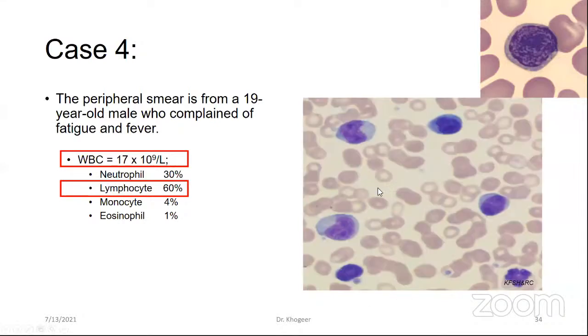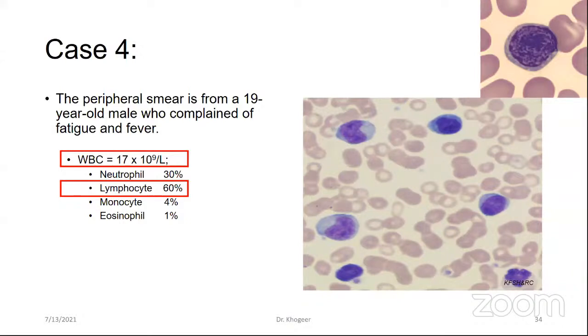This is another picture of the reactive lymphocyte. Reactive lymphocytes usually have abundant cytoplasm, which is intensely basophilic, and sometimes show cytoplasmic bleb formation. This feature usually reflects the immune process or immune stimulus initiated by viral infection.